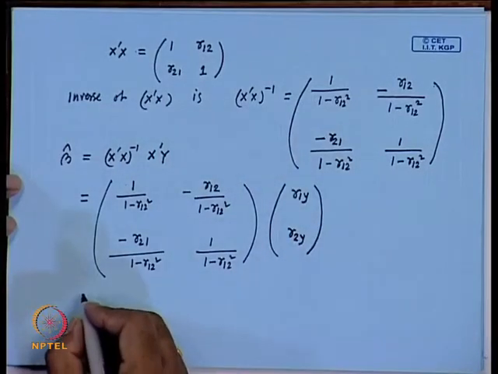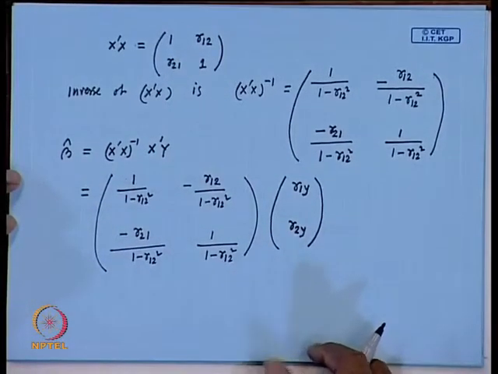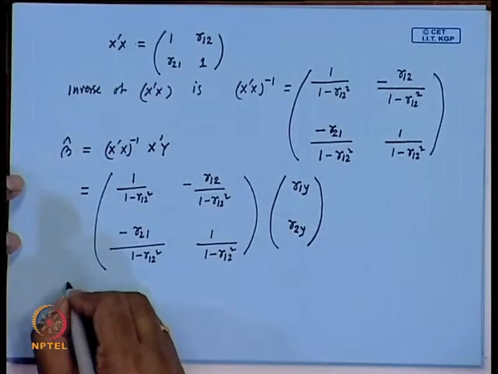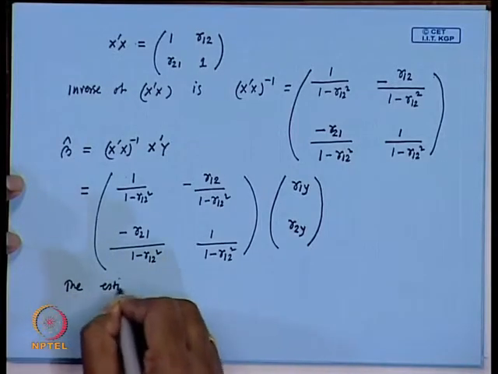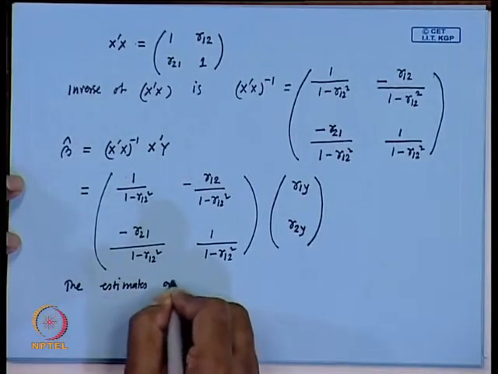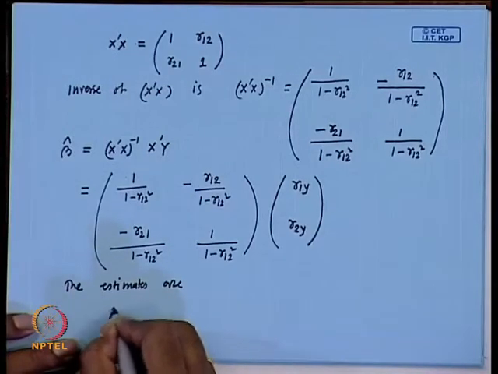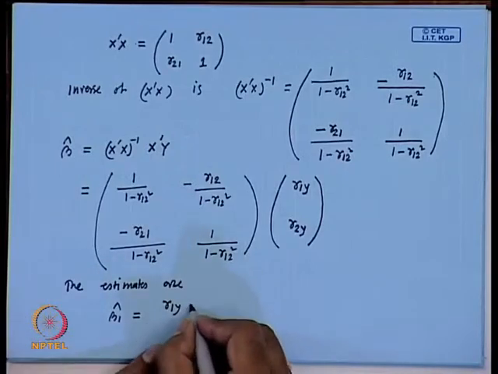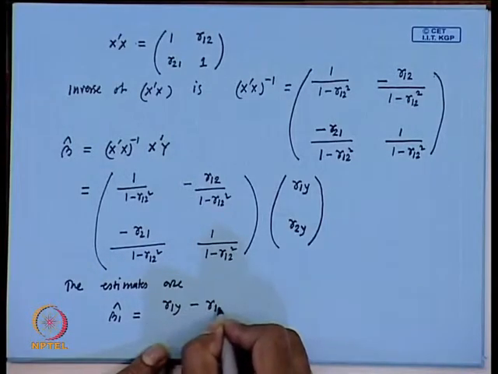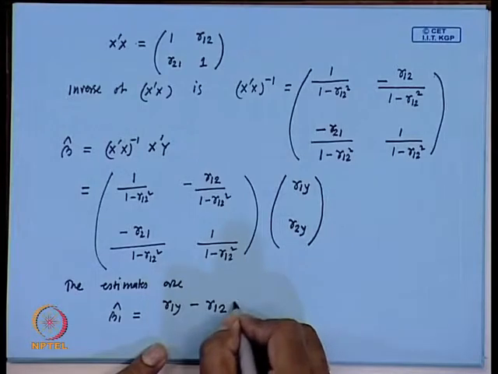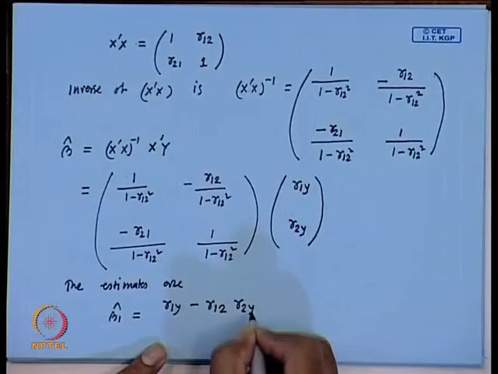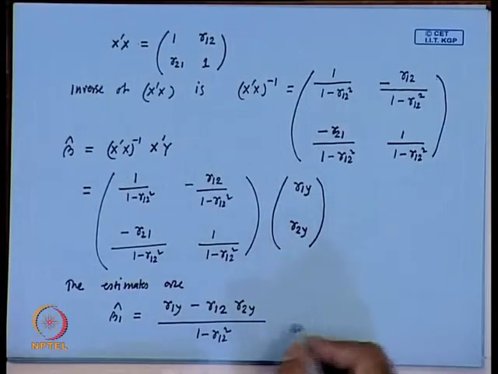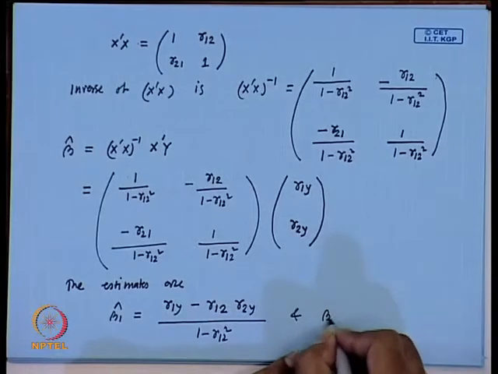Okay. So, from here, you know, the estimates are beta 1 hat equal to (r1y - r12 r2y) by (1 - r12 squared), and beta 2 hat is (r2y - r21 r1y) by (1 - r12 squared).